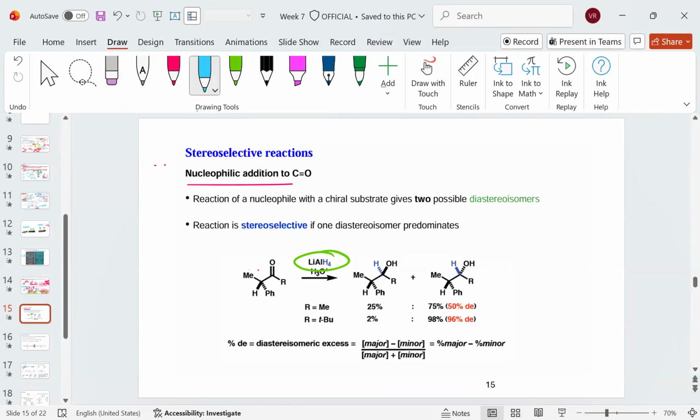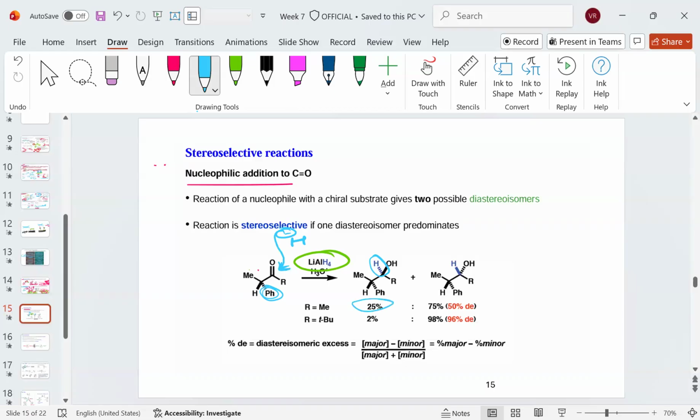Now, when we are doing the reduction reaction, the incoming hydride will come from the top side. Why? Because the phenyl group is directing downward, so the attack possible from the bottom side is less.